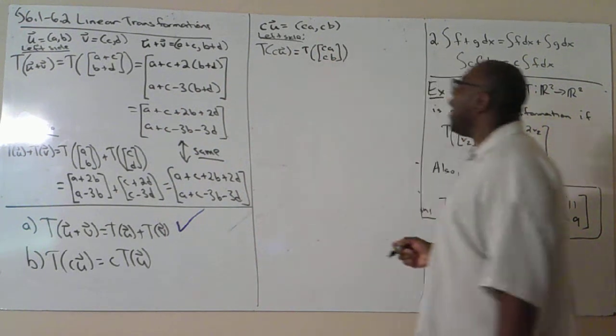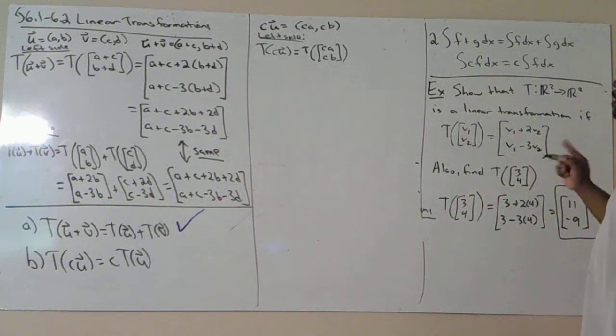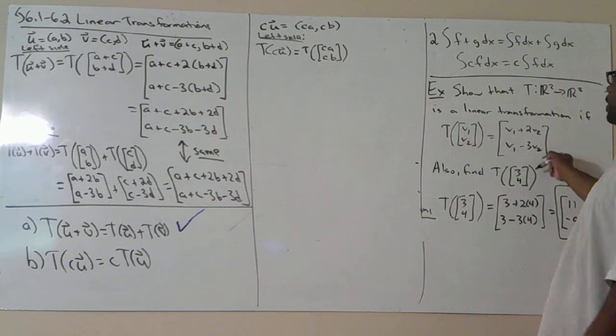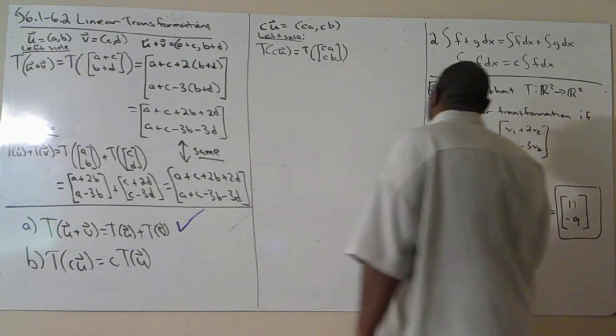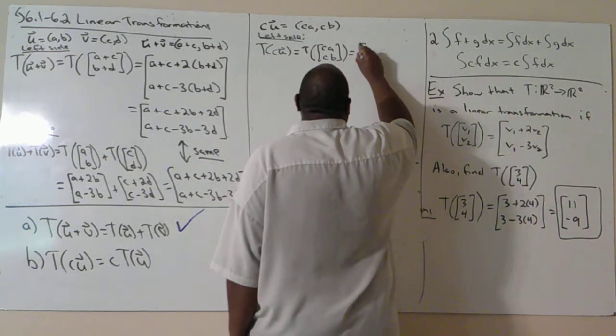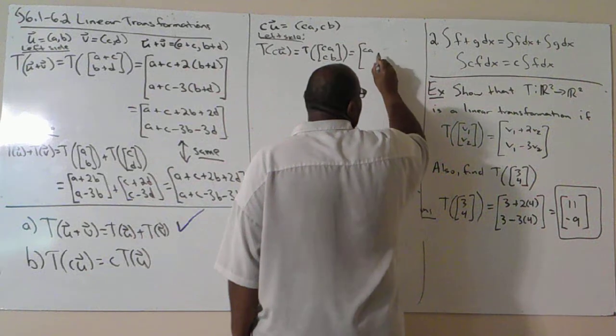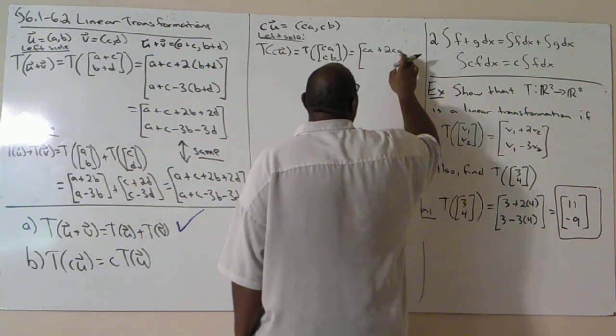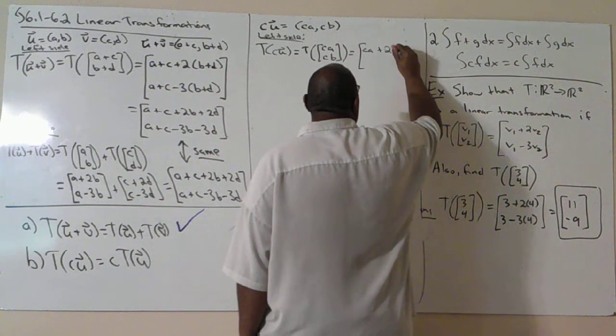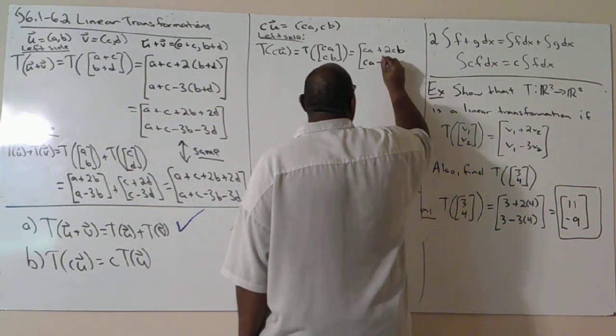CA is my V1, CB is my V2 in this equation, for this function. So if we plug in, we get CA plus 2CB, and this is going to be CA minus 3CB.